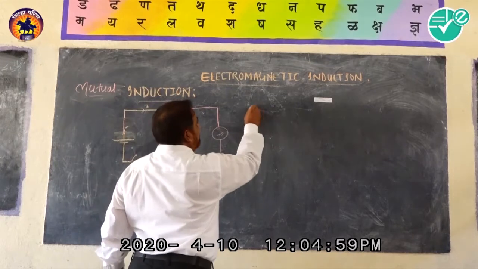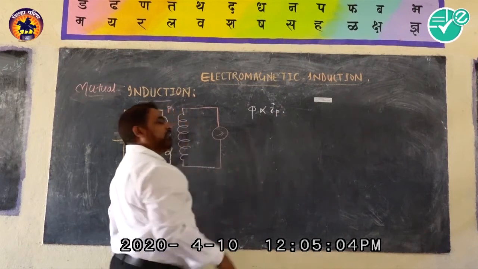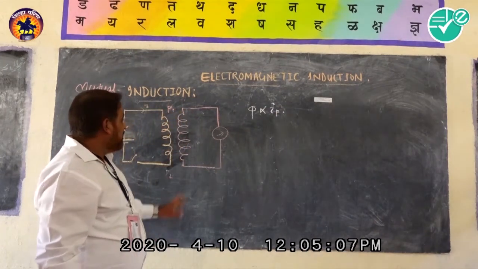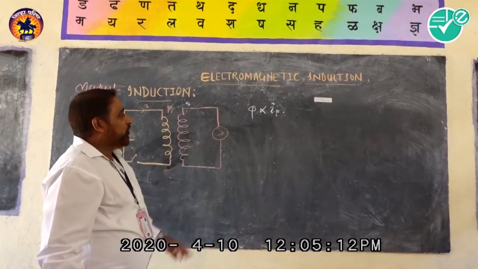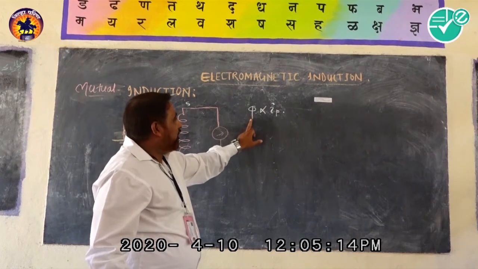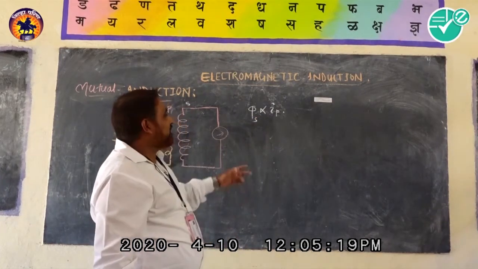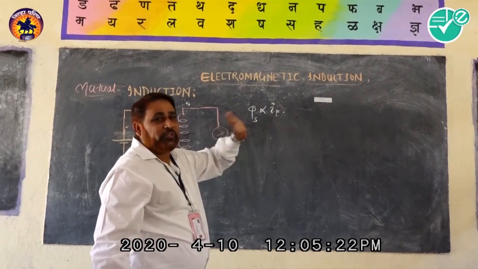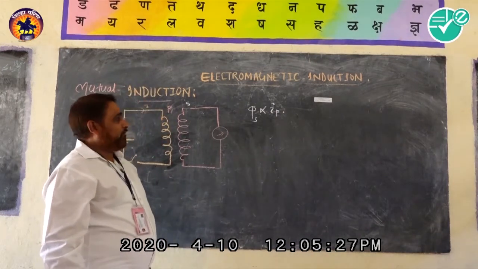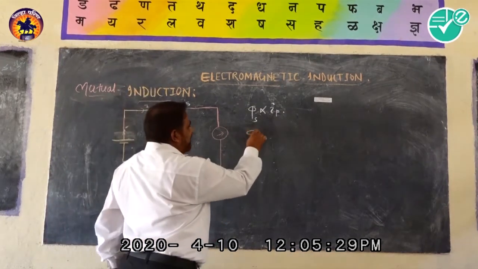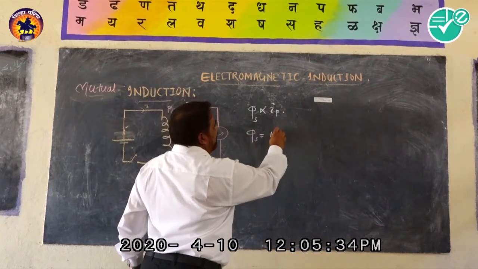So we can write here that phi is directly proportional to I. This is the secondary coil, and this is the primary coil, P. So change in flux in the primary coil creates induced EMF in the secondary coil. So it is directly proportional to the change in current in the primary coil. Phi S is directly proportional to I. So this phi S will be equal to a constant, which we take as M, into I.